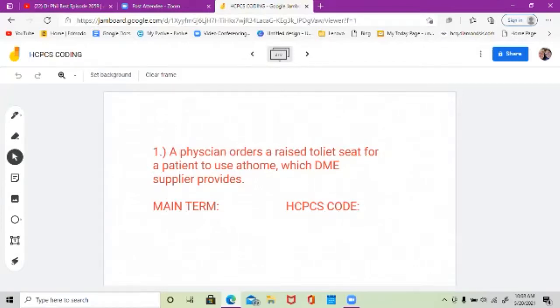So our main term is toilet accessories. And you guys find me your HCPCS code. So in our index, we go to toilet accessories.